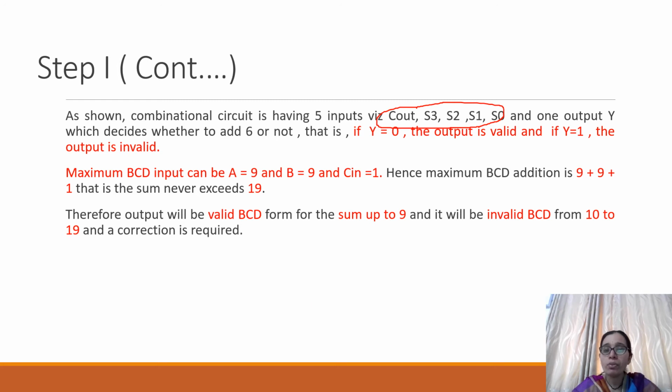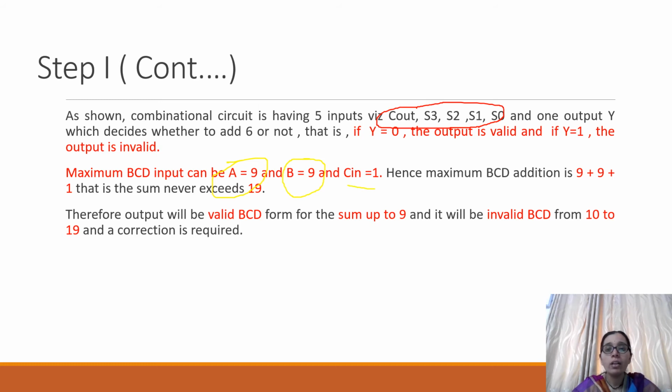Now 5 inputs are checked, therefore 2 raised to 5 combinations will be there in our truth table, and Y will be 0 if the output is valid and Y is 1 if the output is invalid. What is the maximum BCD addition? The maximum BCD addition is if A is 9, B is also 9, that is the maximum BCD numbers, and Cin equal to 1.